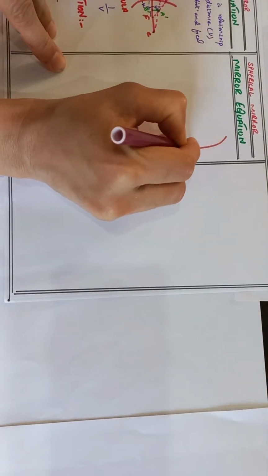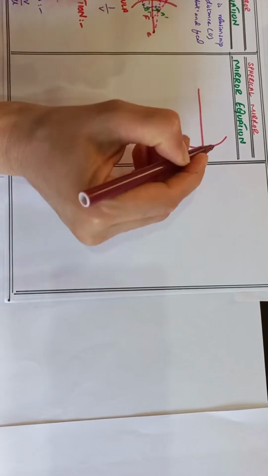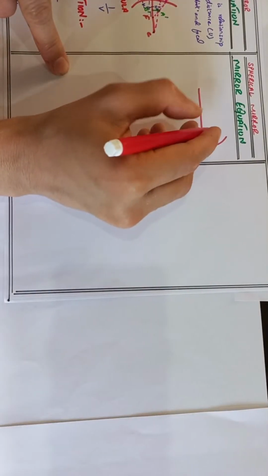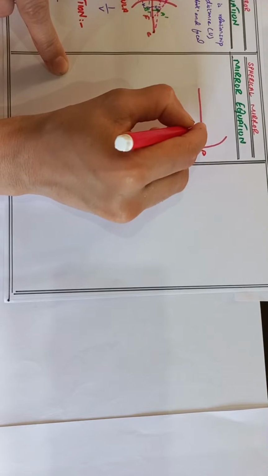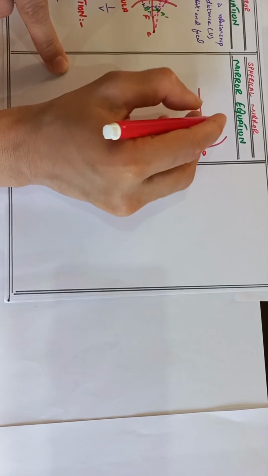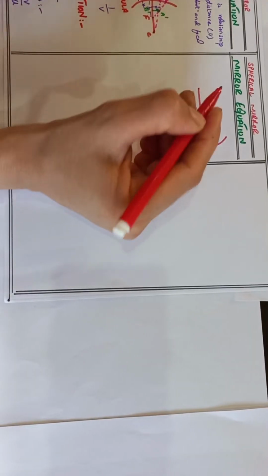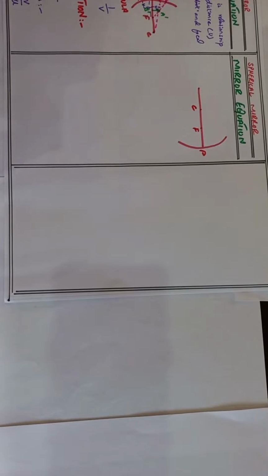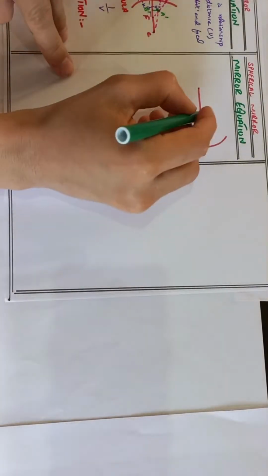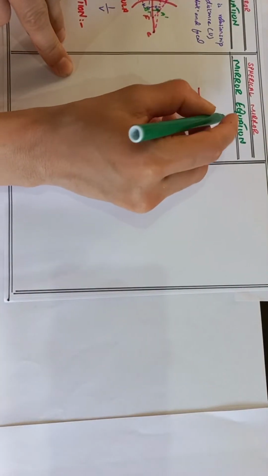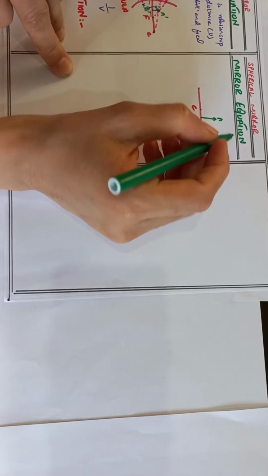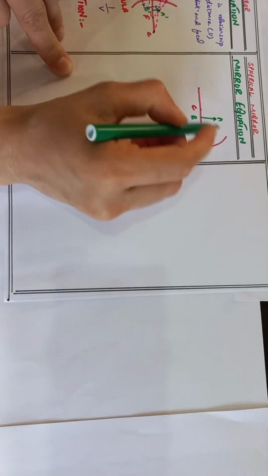Here we draw the concave mirror. This is the pole, focus F, and center of curvature. If we take the object between the center of curvature and the focus F, the image is formed behind the center of curvature.